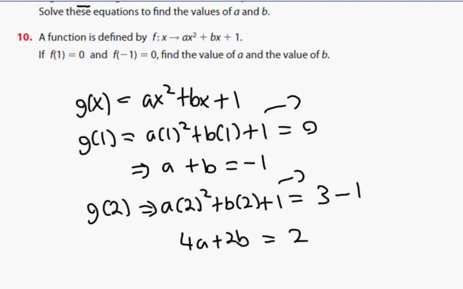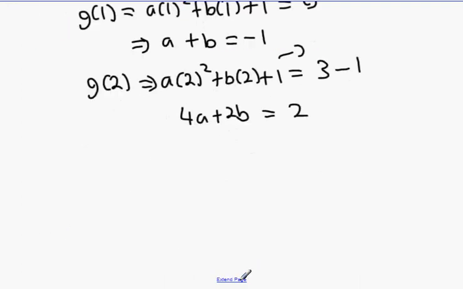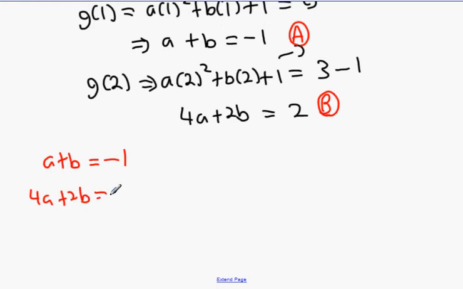Okay, now we have two equations, a and b. So it's going to be a plus b equals minus 1, 4a plus 2b equals 2.